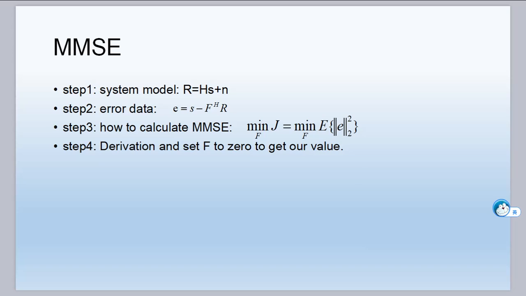We want to get the minimum of the error data. So our way is to take the derivative with respect to F, where F is the estimated signal. This is done in mathematics, and in this way we can get our estimated signal F.